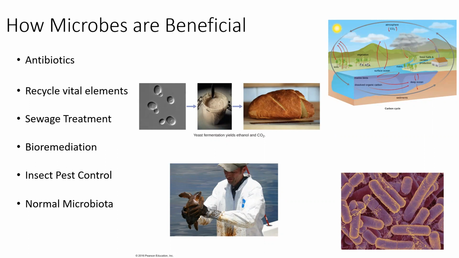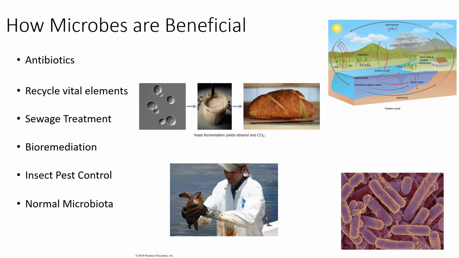The first we talked about in the first video was that some microorganisms naturally produce antibiotics. Can you remember which scientist accidentally discovered penicillin? That would be Fleming.